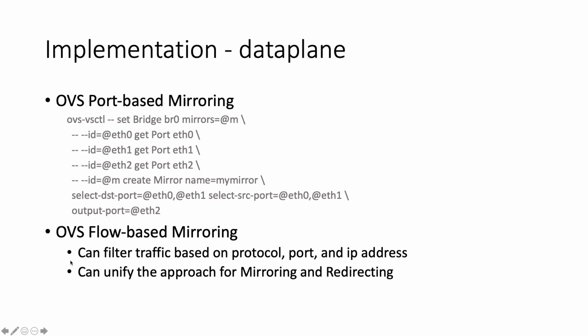The benefit of such an approach is that we can filter traffic based on protocol, port, and IP addresses. And because there is no native support for traffic redirecting, if we use flow-based mirroring, we can unify the approach for mirroring and redirecting.